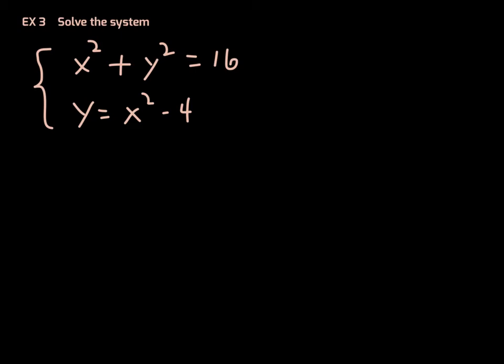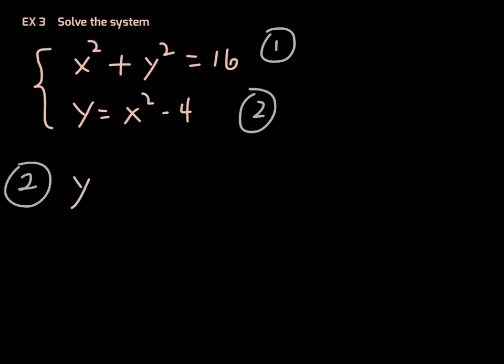Okay, now, what I would suggest that we do here is use substitution. You see that y is already solved for in equation number 2. This is equation 2. This is equation 1. In equation number 2, y is already solved for. That's really convenient. I'm probably going to come back here later on.